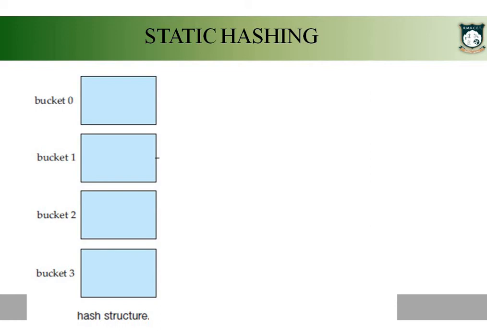The buckets are fixed. Now let us consider the situation: what happens if a particular bucket fills? Say, for example, every bucket has a capacity, and can have only 25 or 30 records. Once 25 or 30 records have been stored in a particular bucket, it is not possible to store any more records in it because the bucket has been filled. So how do we address this situation? We can go with an overflow bucket.